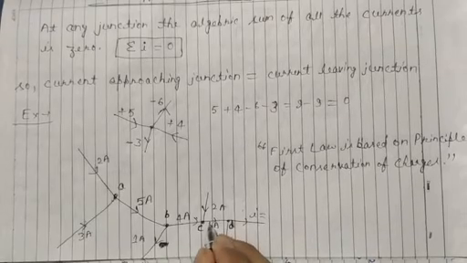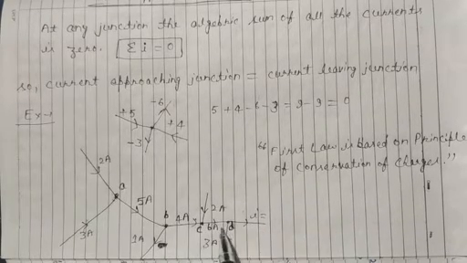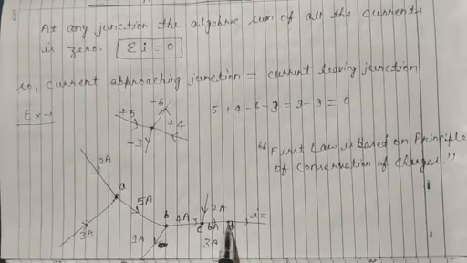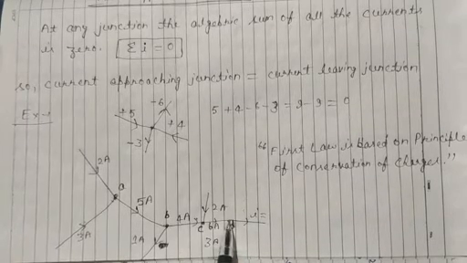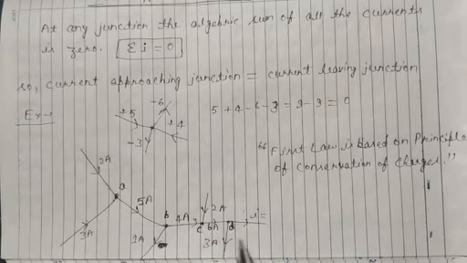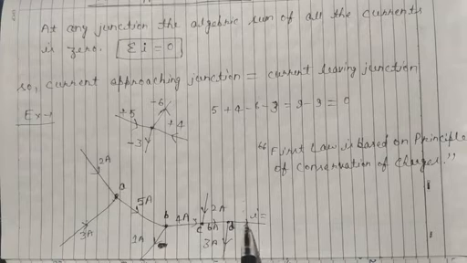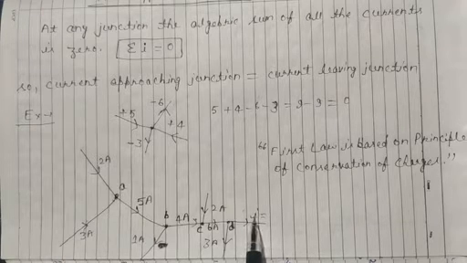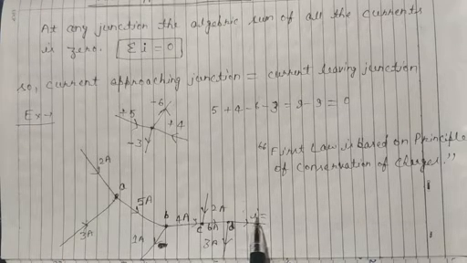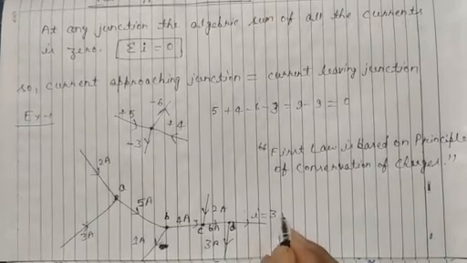Then we reach point D. At D, 6 ampere is coming in and 3 ampere is going out. Then what is the value of current I? The value of current I, 6 minus 3, is equal to 3 ampere.